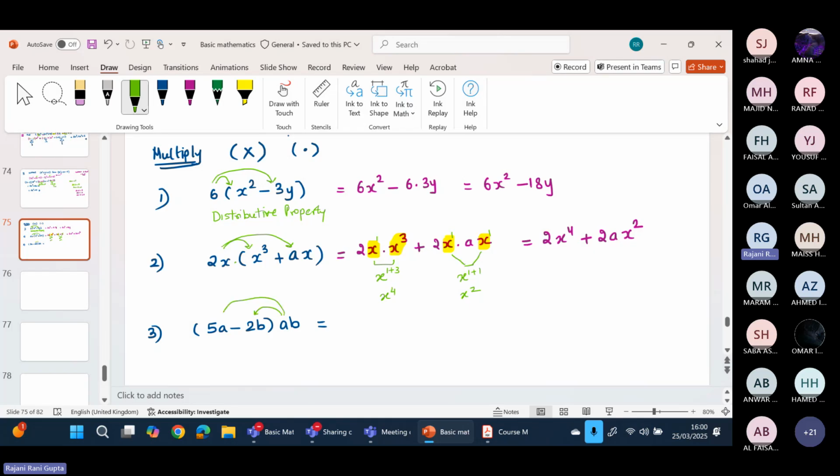Here, again, you use the distributive property. Okay, so tell me quickly what it will be. 5a times ab minus 2b times ab. Tell me the final answer. 5a power 2 b, okay, minus 2 ab power 2.